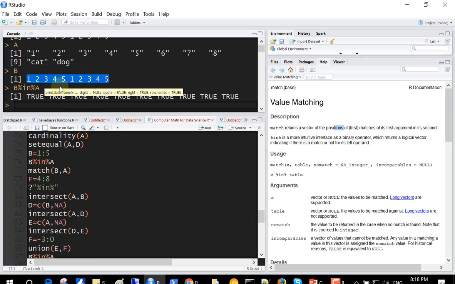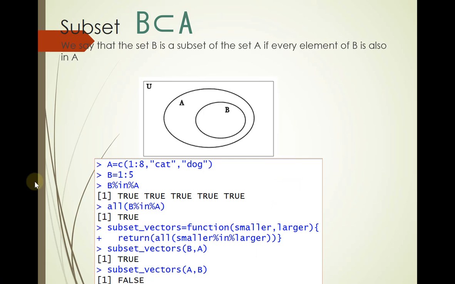In the PowerPoint, I think it was only of length 5. But here B is of length 10, so we should get 10 back. And it checks. Is this one in A? Yes, true. This one, yes. This one, yes. This one, yes. We already answered these. So we get a vector of length 10. Okay, let's go back to the PowerPoint.